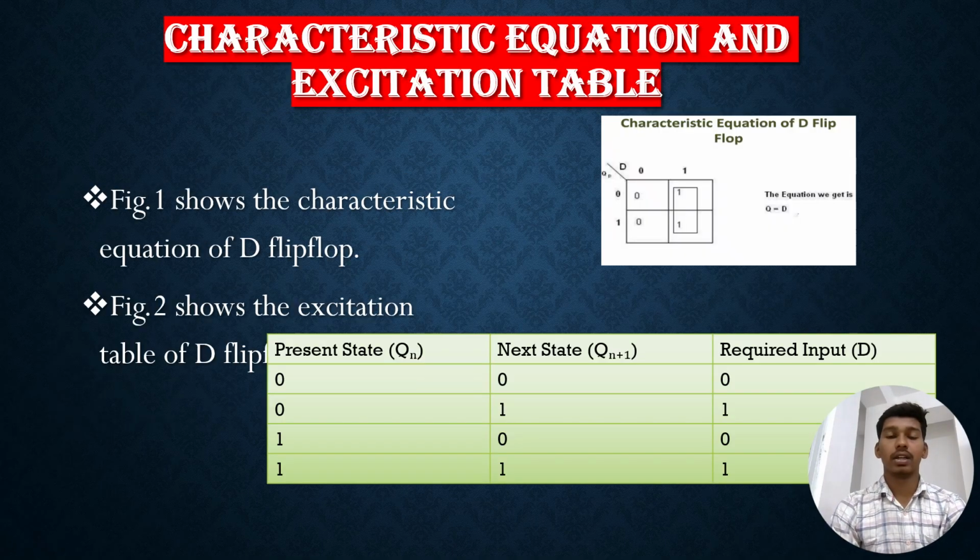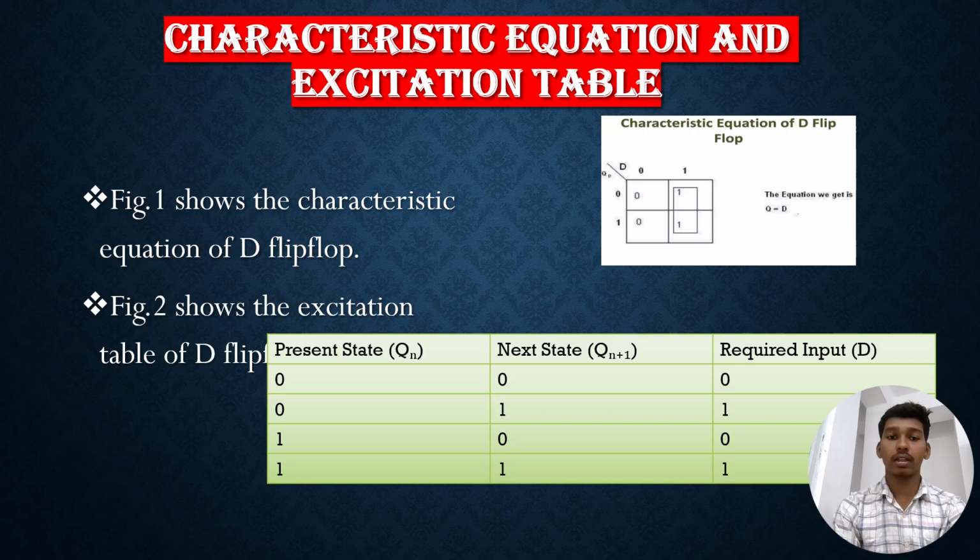Next is the characteristic equation and excitation table of the D flip flop. Similar to the SR flip flop, we get the excitation table and characteristic equation by using a four variable K map. Observing the previous characteristic table, when the Qn+1 state is 1, we take those and fill the four variable K map and group it.